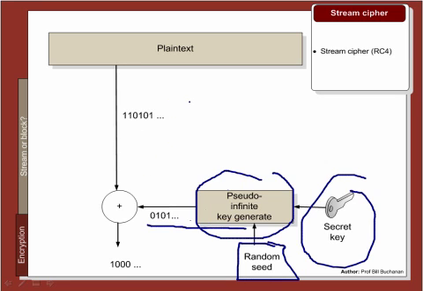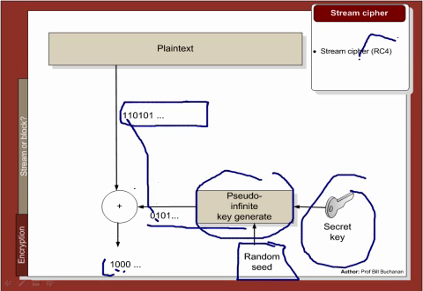To keep things simple, we take the plaintext or the data, exclusive OR each bit one at a time, and we get the output bit. This is the advantage of being fairly quick. The algorithm that we'll see is the RC4 algorithm, which generates this pseudo-infinite key.